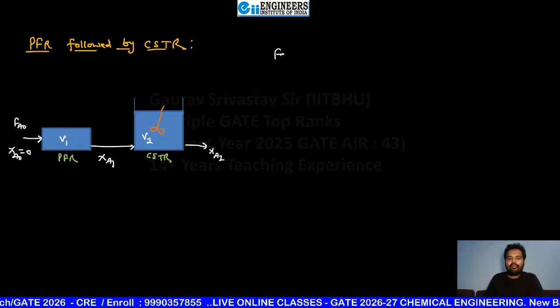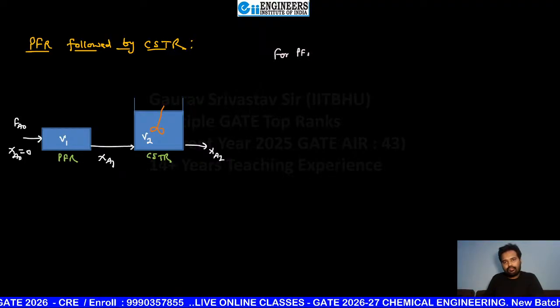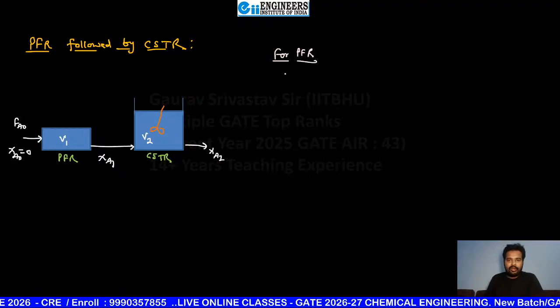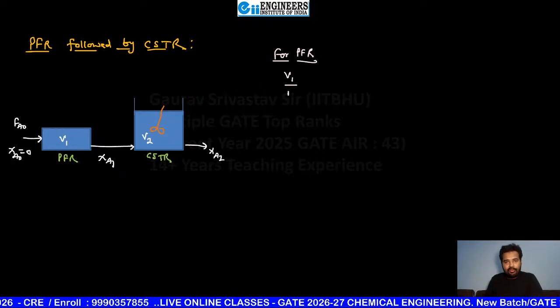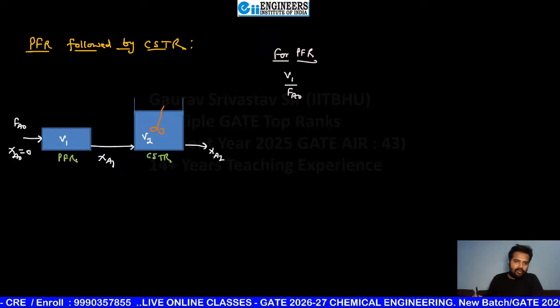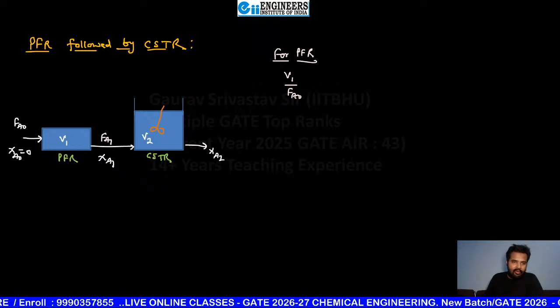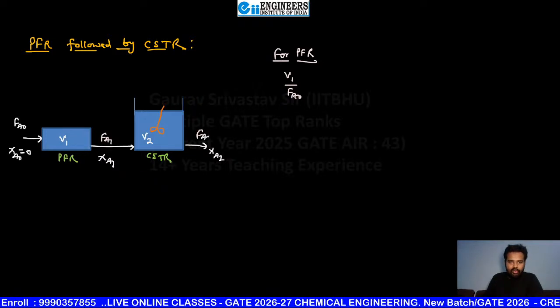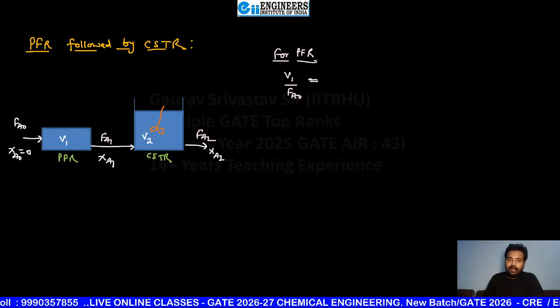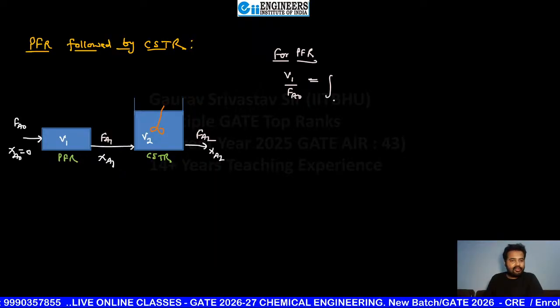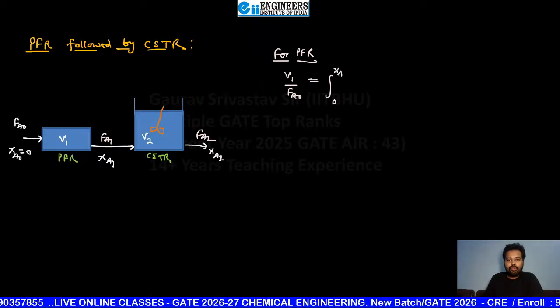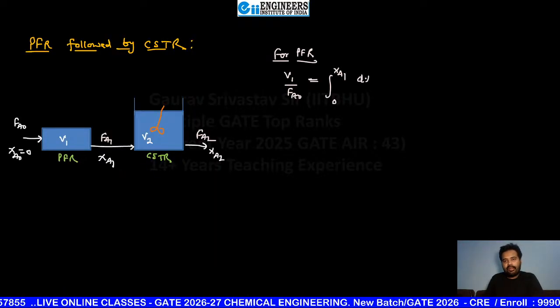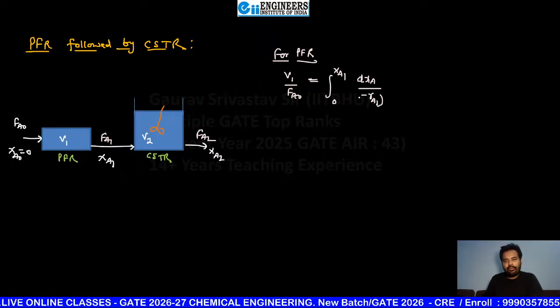So for PFR, the design equation that you are going to use is V1 by FA naught. Here it is FA1, here this is FA2. Okay, so V1 by FA naught equals, clearly this is PFR, so you can add 0 to XA1 and then dXA upon minus RA1.